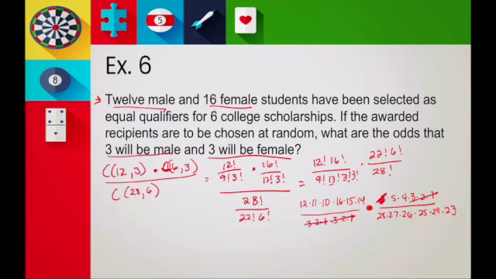That 3, 2, 1 makes a 6, so that also goes away. 28 could be 14 and 2. 25, cancel a 5 there. 24, we could cancel a 12 and a 2. We can cancel a 5 out of the 10.